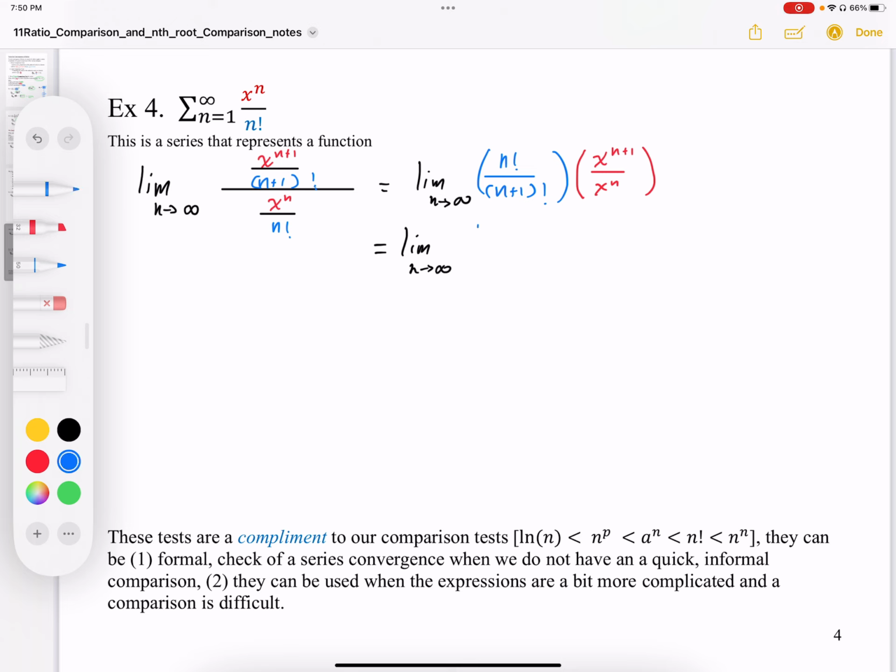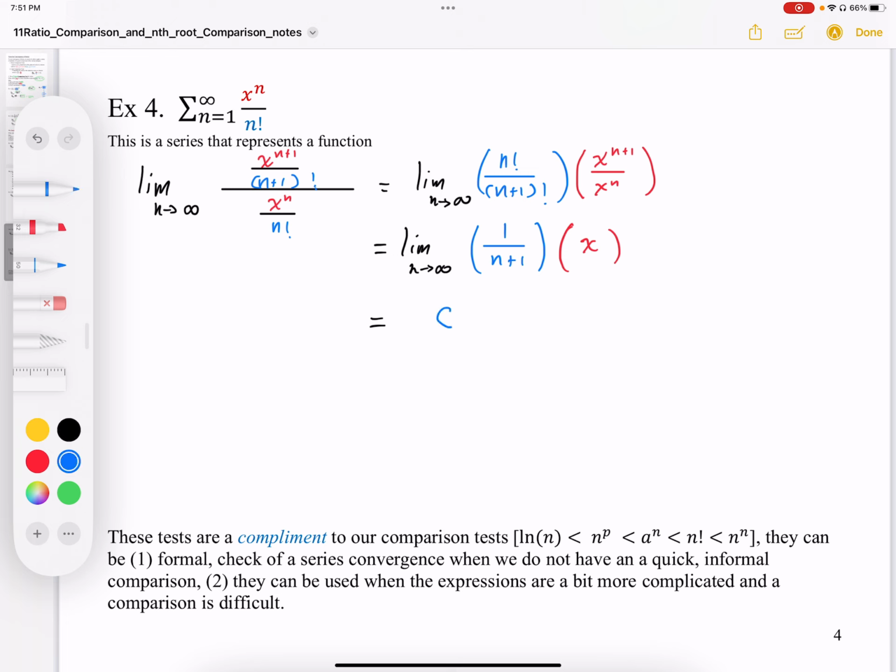Evaluate the limit. So limit as n approaches infinity. That's going to have an extra n plus 1 in the denominator. So the n factorial cancels out, and we're just left with an n plus 1 in the denominator. The x's here will cancel out, so we have an extra x in the numerator, so this is just times x. And then I'm going to let n approach infinity and evaluate this limit.